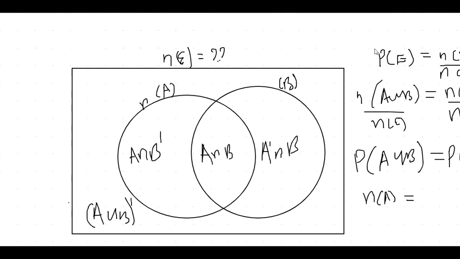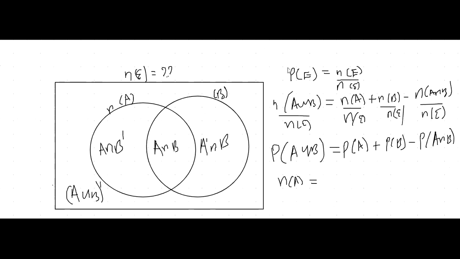So we are going to have number of A is equal to number of A intersection B complement plus number of A intersection B. So let me add this.